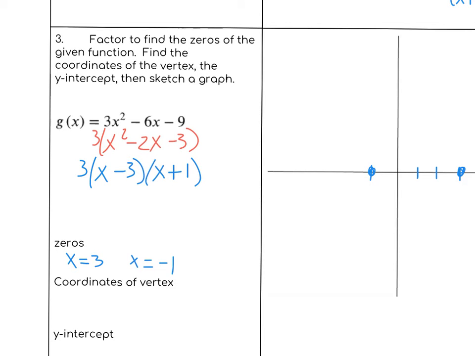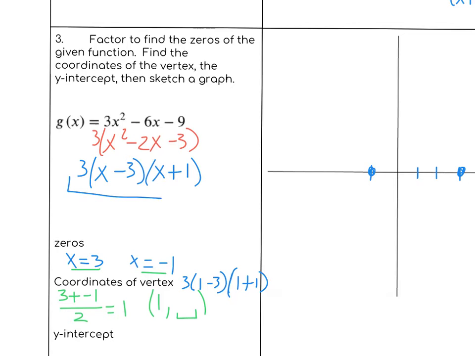My coordinates of the vertex, I'm going to find the average of these two. So that's 3 plus negative 1 divided by 2. And that gives me 2 over 2 is 1. So we're at 1 comma something. To figure out what that something is, I'm going to plug that number 1 back in. So if we do 3 times 1 minus 3 times 1 plus 1, and just, by the way, that comes just from this equation.